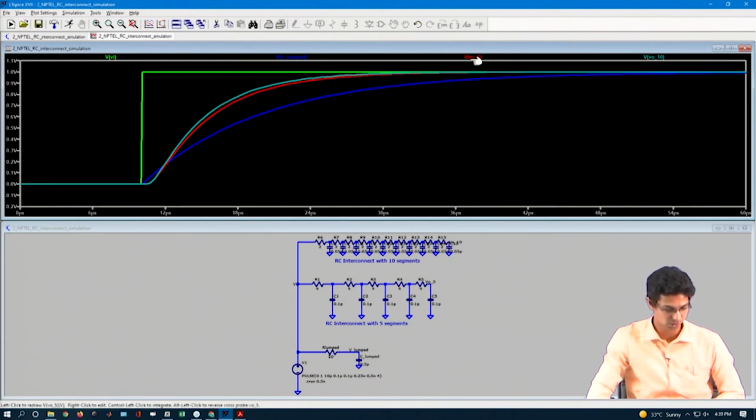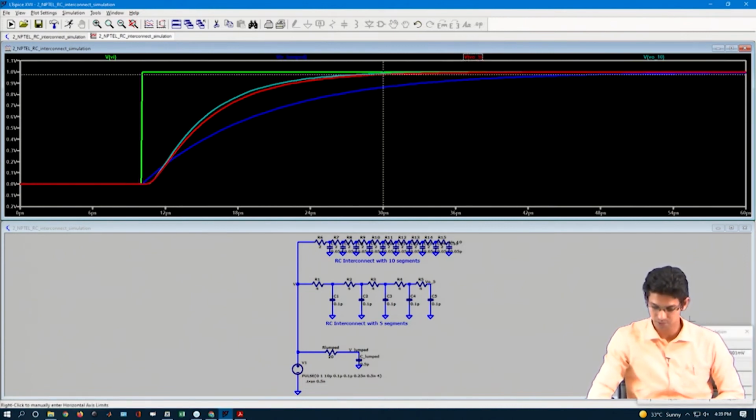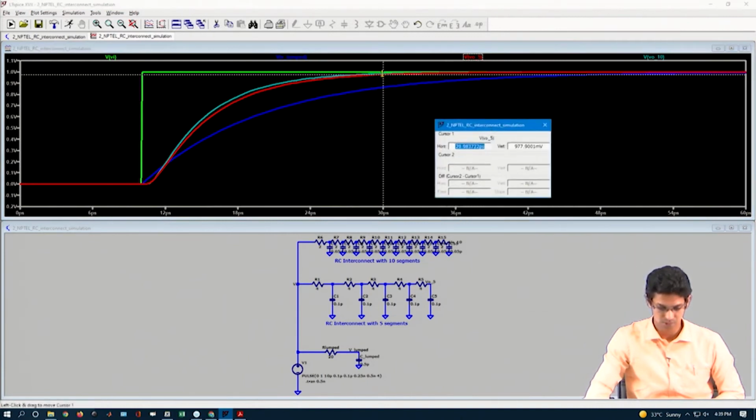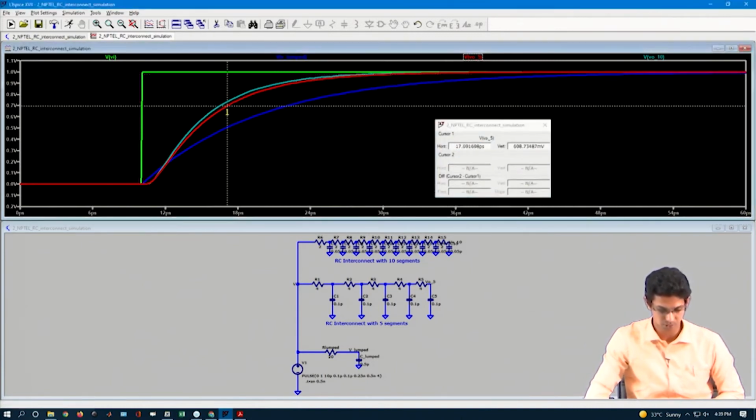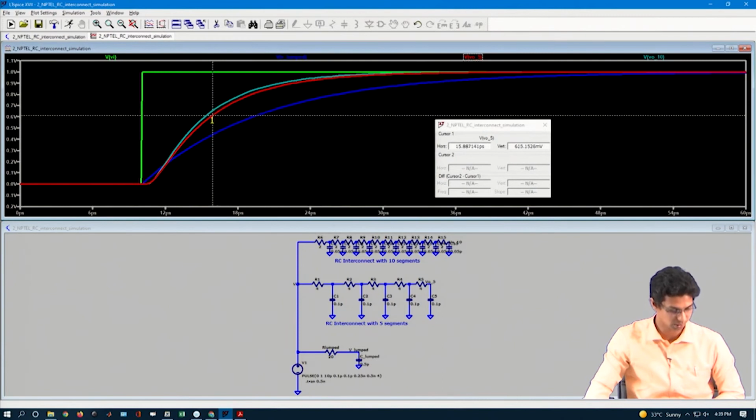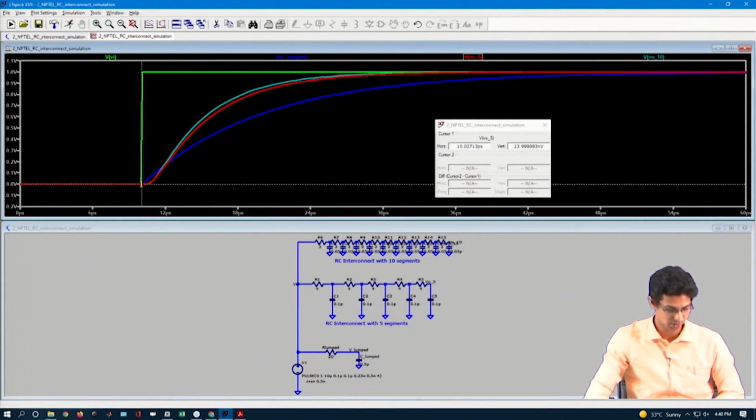So, for the lumped model, yeah, we are on this right curve, and for the lumped model I am getting this value here as 16. Remember my starting value was close to 10, right.